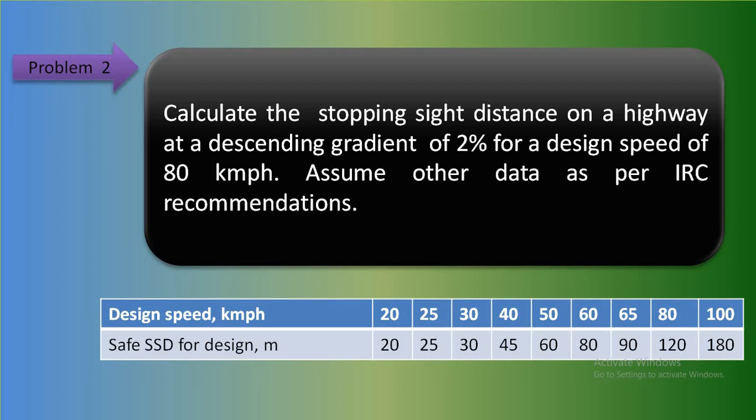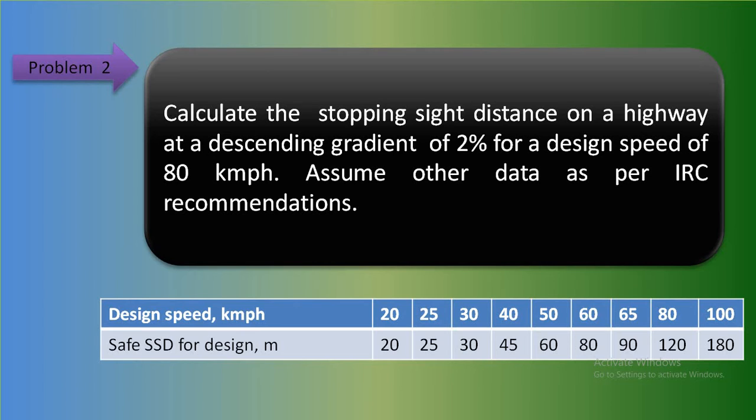Hey guys, when we observe, when speed is increasing gradually, then automatically the safe stopping sight distance also increases. So when a vehicle is traveling with the maximum speed of 80 or 100 kmph, at that time we require more length to stop the vehicle.